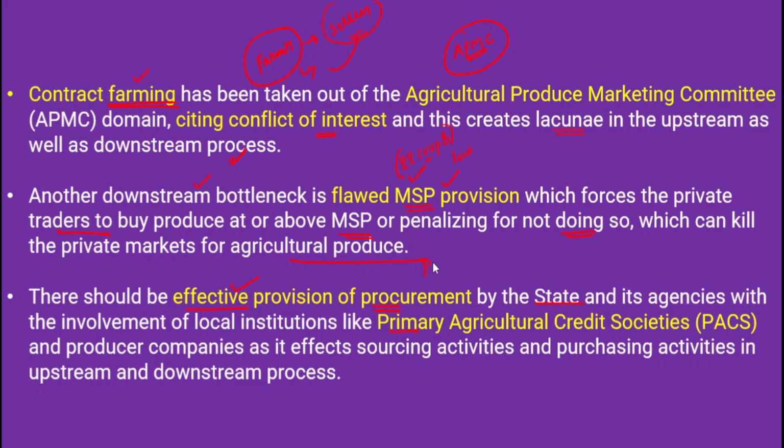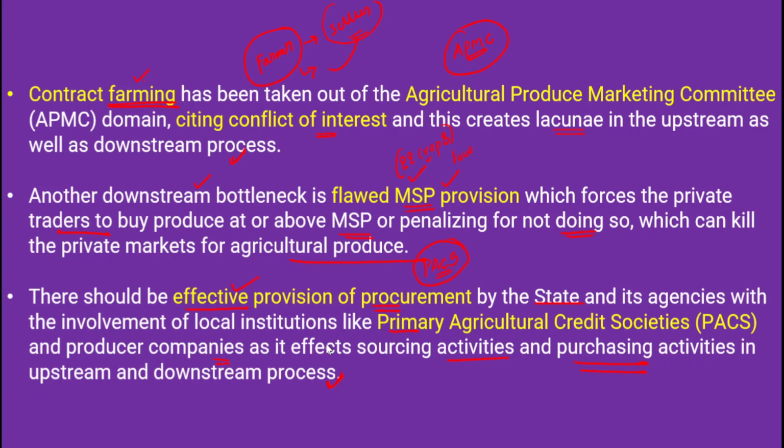These primary agriculture credit societies are involved in the procurement of food grains. However, the problem is that they are not adequately equipped to procure the food grains. Therefore, it affects the sourcing and purchasing activities in upstream and downstream processes.